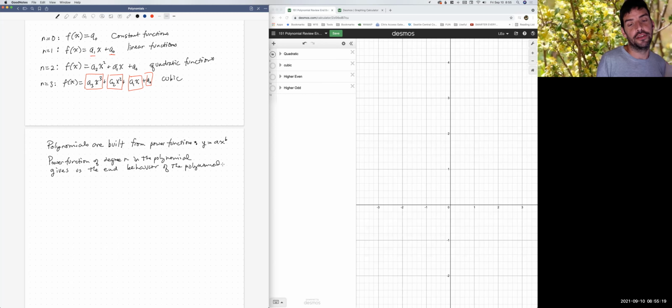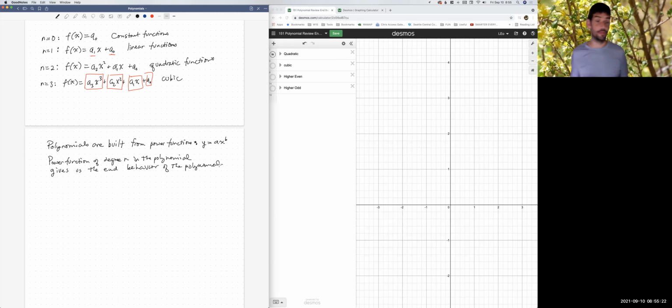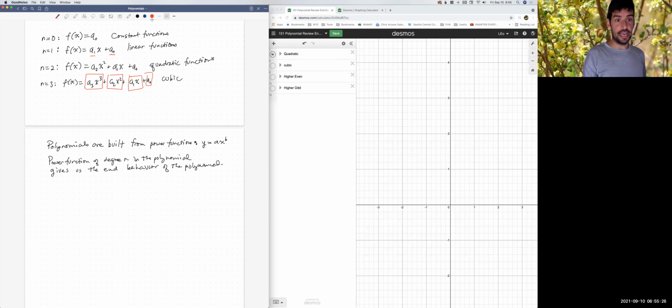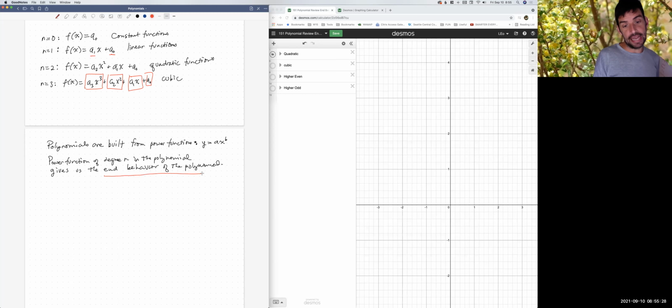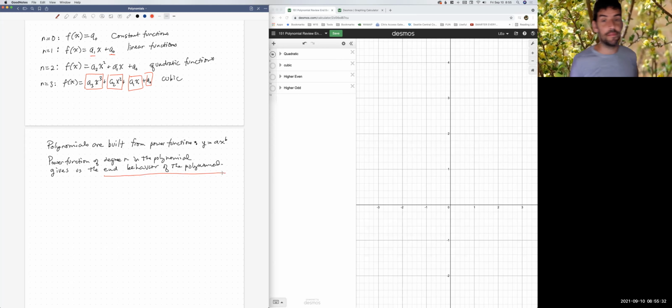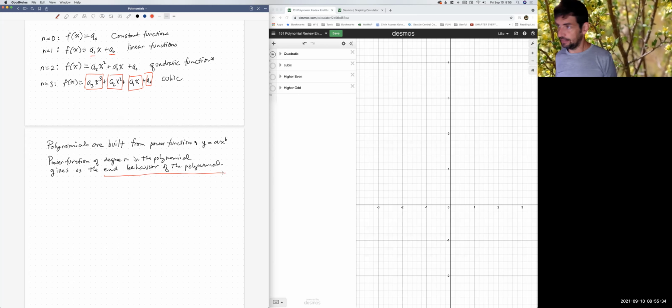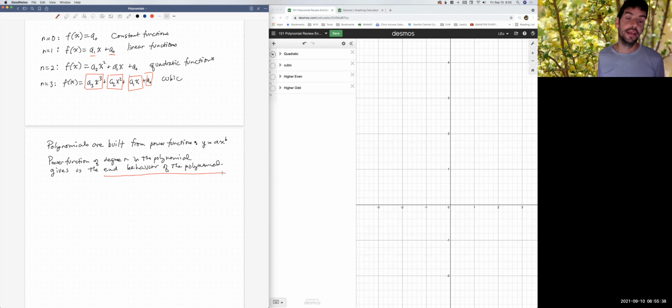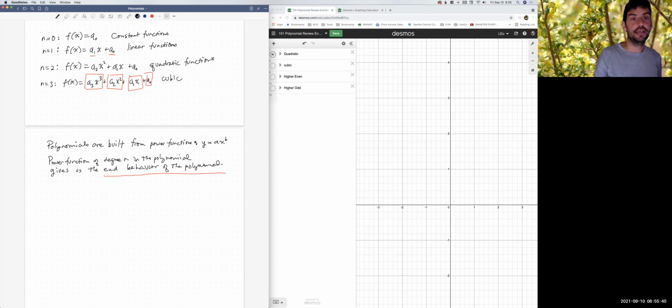I know this might not mean much at this moment. We'll get there. So let's pick this apart. Let's actually start at the end, what we mean by the end behavior. It's just a little bit difficult to define at this point.